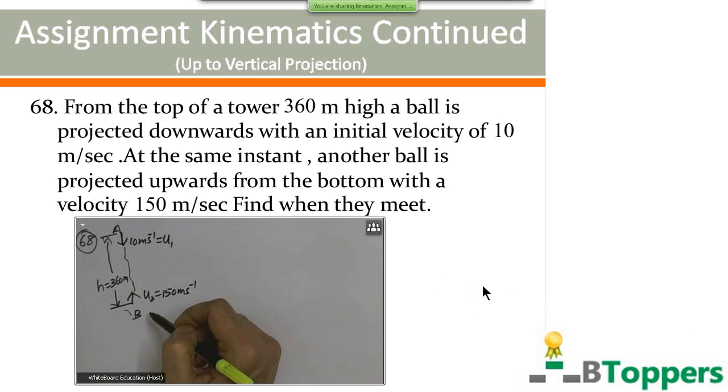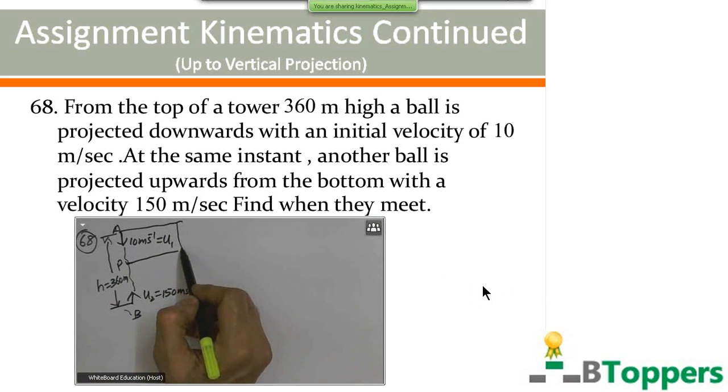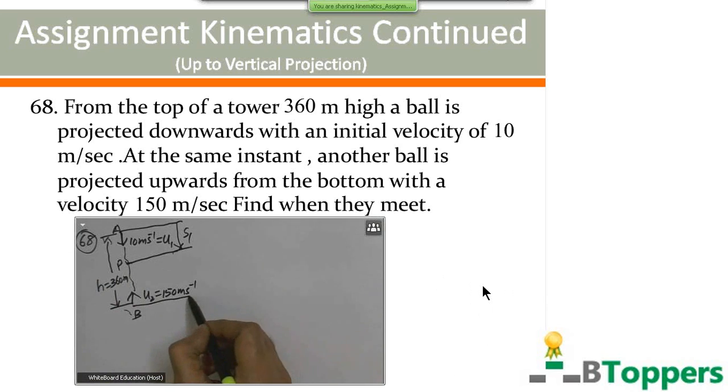Let B be the initial position of the second ball, which is projected from the bottom of the tower vertically upward with initial velocity of magnitude u2 equal to 150 meters per second. Let us suppose the two balls meet at a point P after time t. Let S1 be the distance moved by the first ball before it collides with the second ball. Let S2 be the distance moved by the second ball before it collides with the first ball.